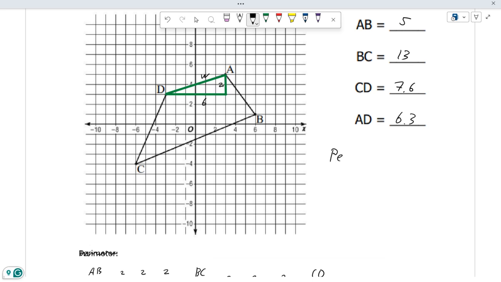And so my perimeter is just the sum of all of them. P equals 5 plus 13 plus 7.6 plus 6.3. And when I add them all together, I get 31.9.